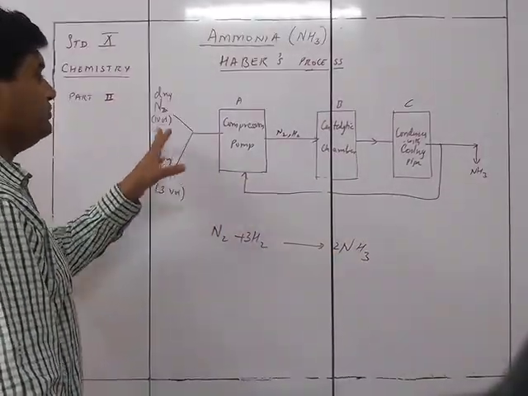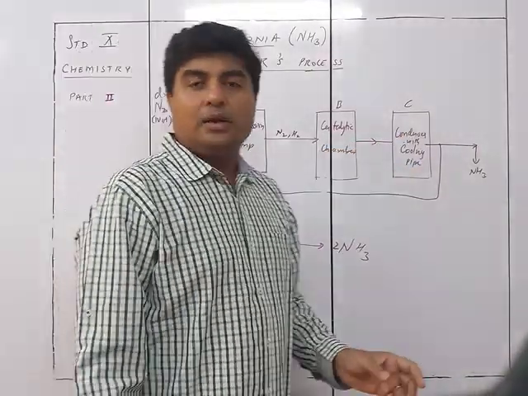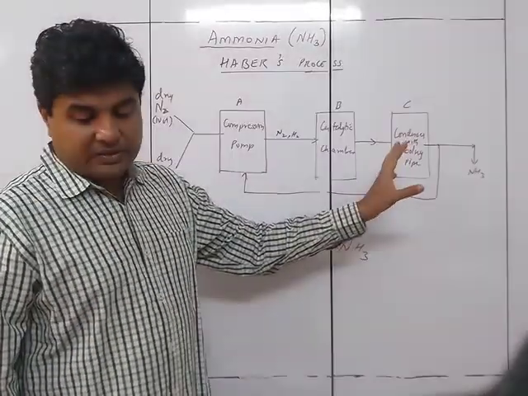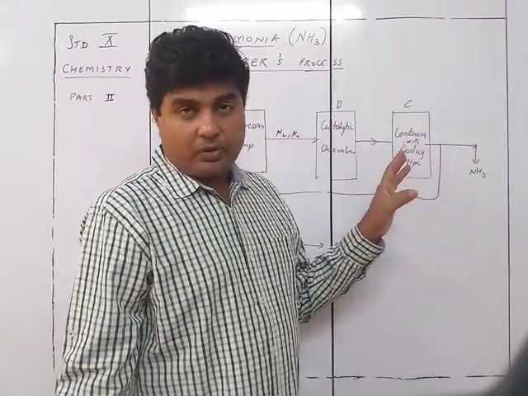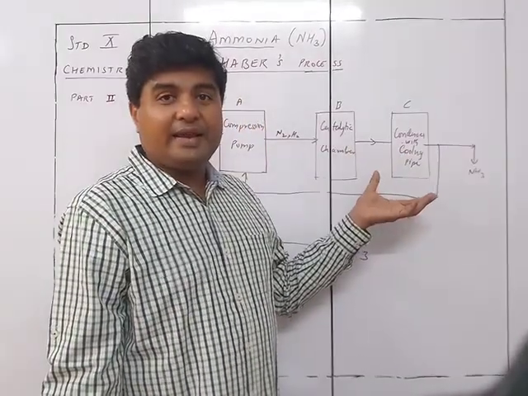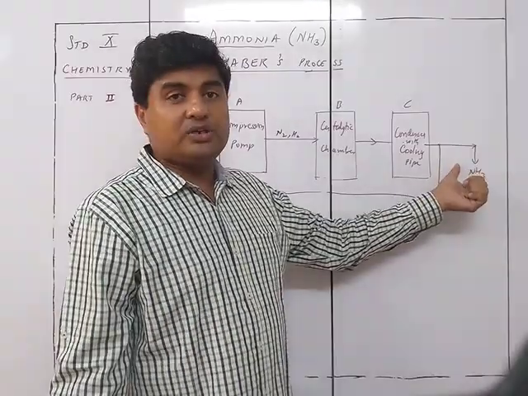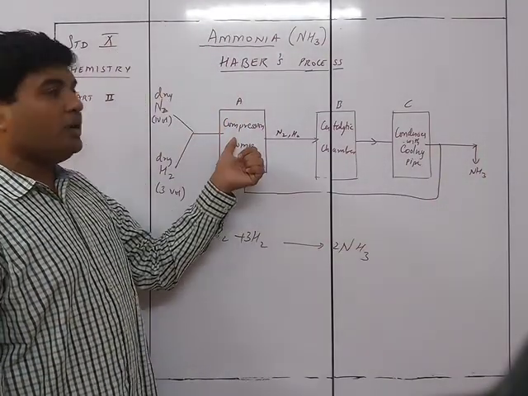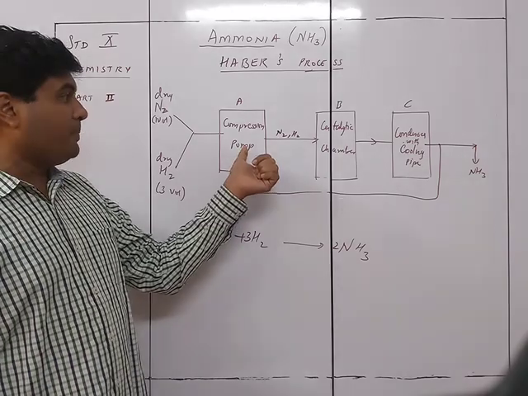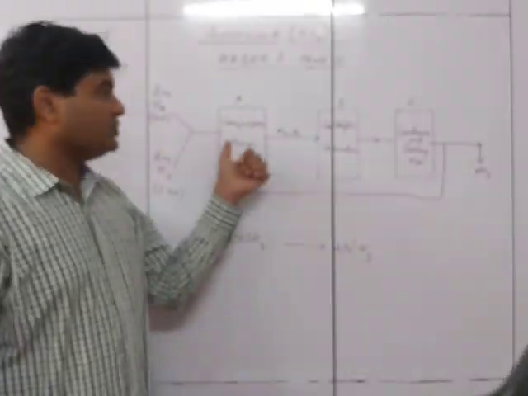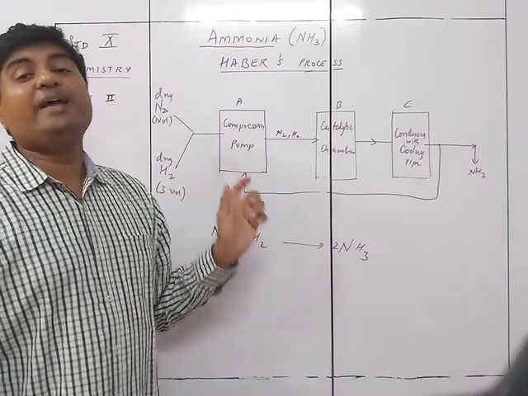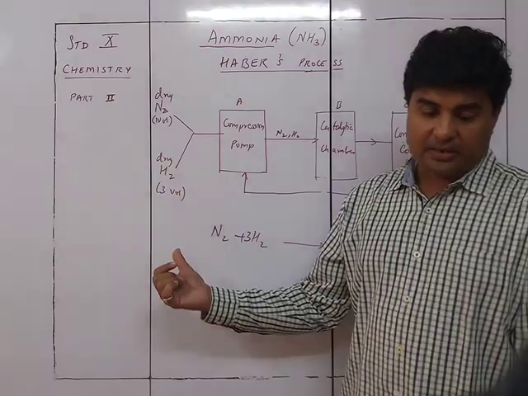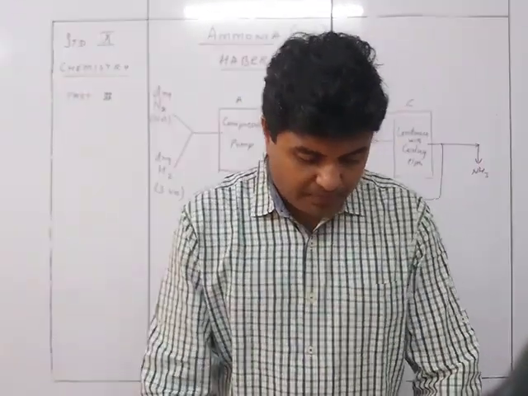In the initial stage the yield is very low, so to increase the yield, the uncombined nitrogen and hydrogen is pushed back into the compression pump so that it goes through the process again, and we are not wasting the raw material. That is the main part about this.